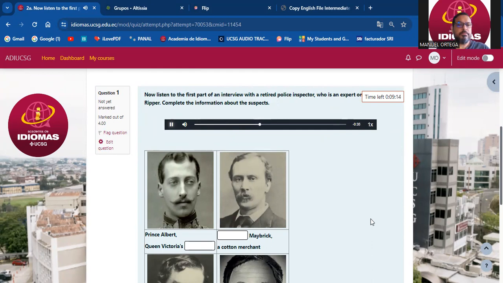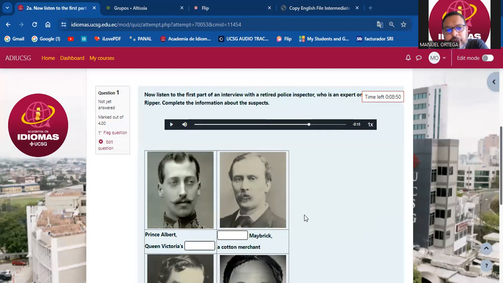It's incredible, isn't it? Well, it's not really that surprising. People are always interested in unsolved murders, and Jack the Ripper has become a sort of cult horror figure. Who are the main suspects? Well, there are a lot of them, but probably the best known are Prince Albert, Queen Victoria's grandson.